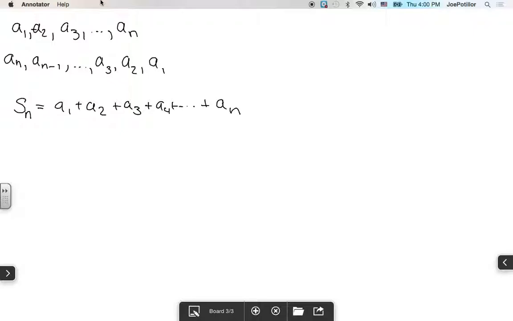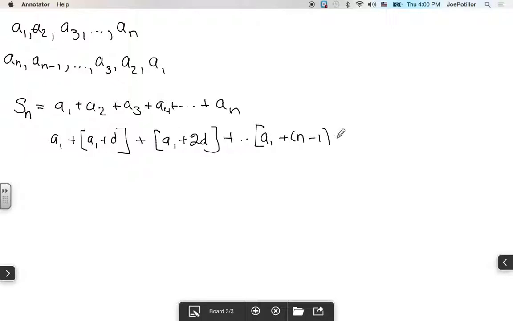So that's what we'll do here. This ends up being A sub 1, A sub 1 plus d, plus A sub 1 plus twice d, plus all the way to A sub 1 plus n minus 1 times d.